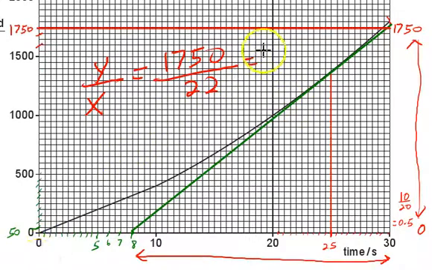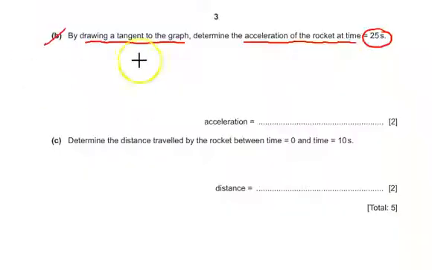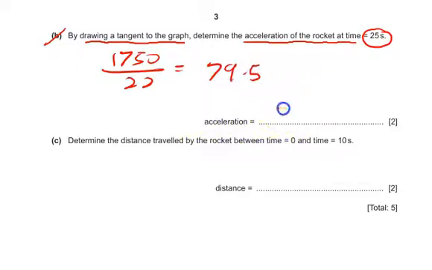I'm getting about 79.54. So 1750 divided by 22, you get about 79.5. This is your acceleration, in meters per second squared.